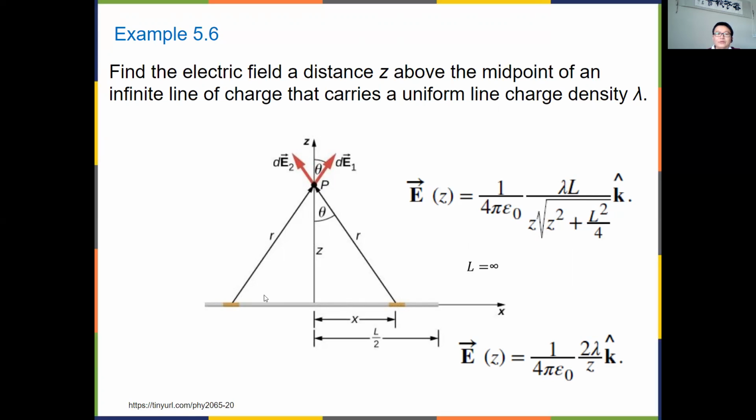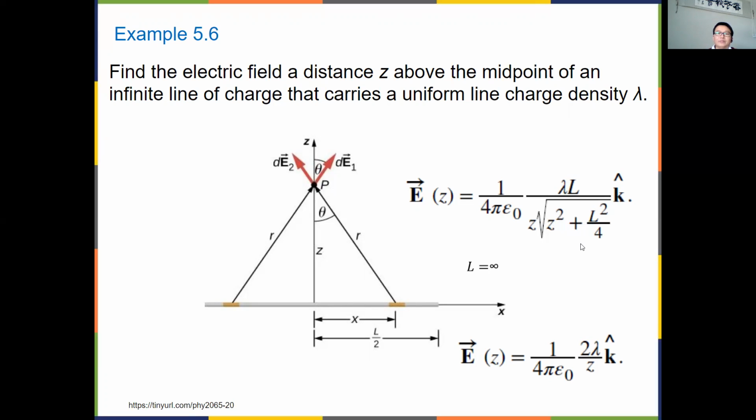If you have L that is very long compared to z, then L can be approximated as infinitely large. In that case, under the square root, you add z squared to L squared over 4. Since z compared to L is very small, you can neglect the z squared term. So the square root becomes the square root of L squared over 4, which gives you L divided by 2.